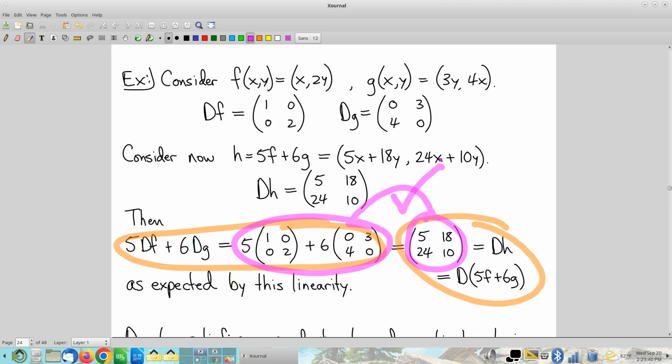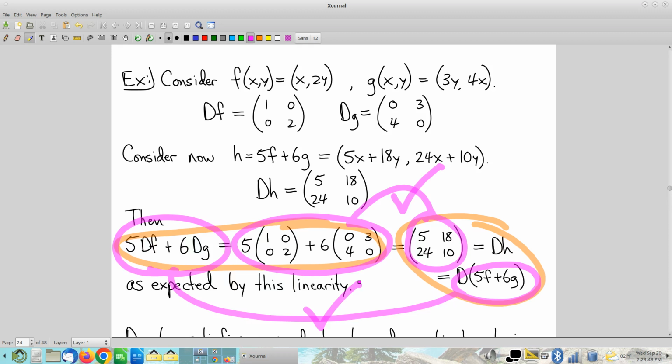It's just arithmetic. And the result is that, as it should be, the linear combination of the derivatives is the derivative of the linear combination, as required. This is just an example, but this kind of thing always works for differentiable functions.